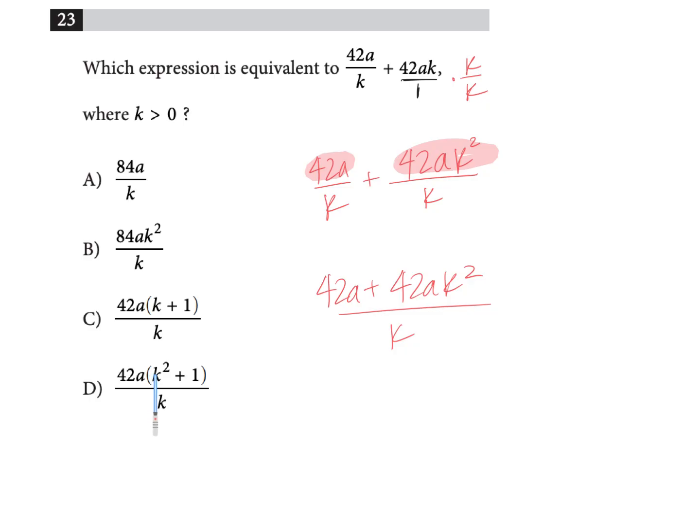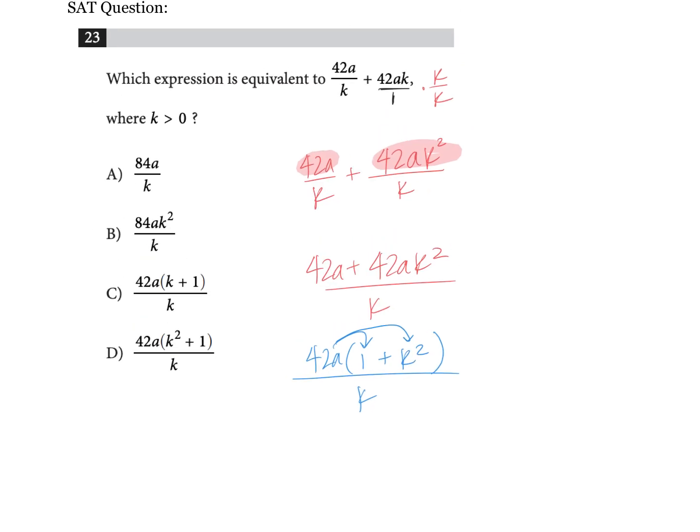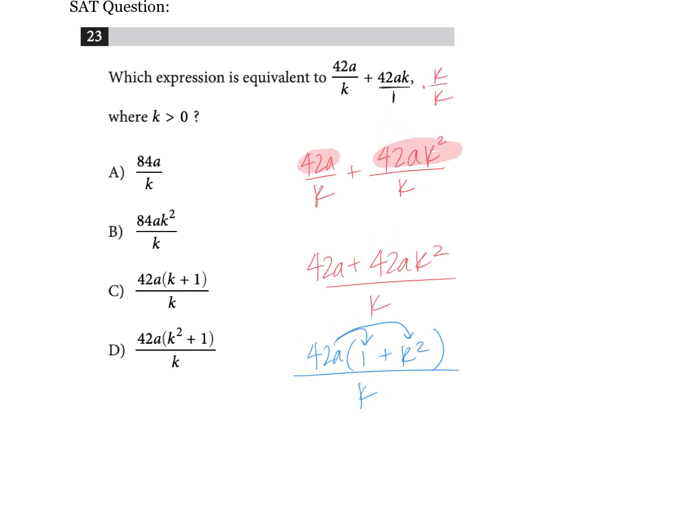What can we do next? She says, well, they both have a 42a in common, so could we factor that out? If we factor that out, what's left? 1 plus ak squared. Does this look like an answer now? Yeah, it's my D.